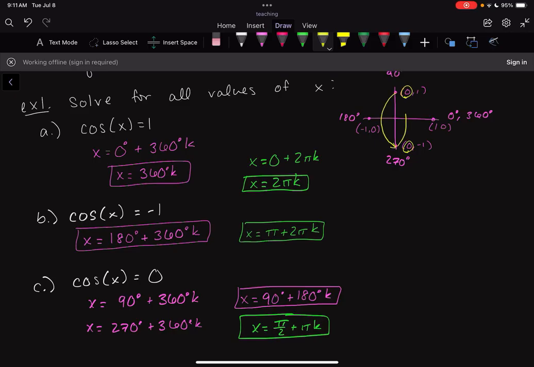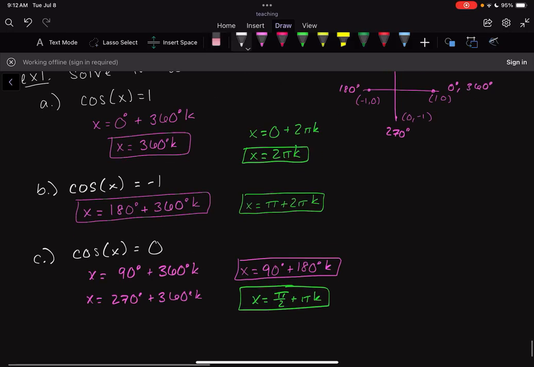If I add 180 again, I get back up to the top. If I add 180 again, I get down to the bottom. So see how it's going back and forth by only adding 180? That's why we can do it here. So just something to keep in mind, especially while you're doing the homework.